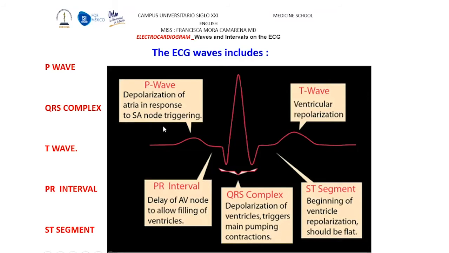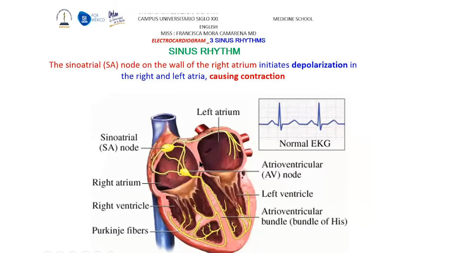The QRS complex, the T wave, the PR interval, which represents the delay of the atrioventricular node and allows the filling of the ventricles, and the ST segment, which shows the beginning of the ventricular repolarization. It should be flat. Okay.